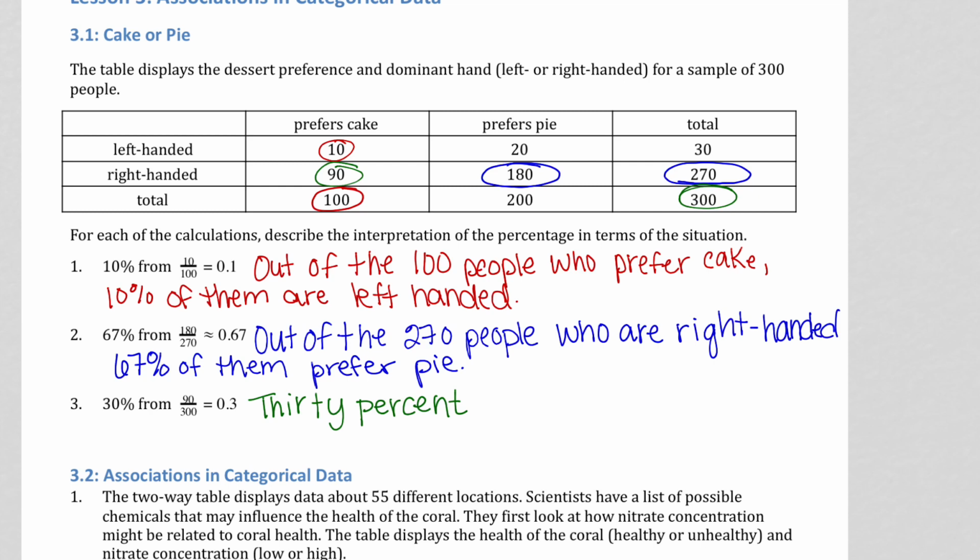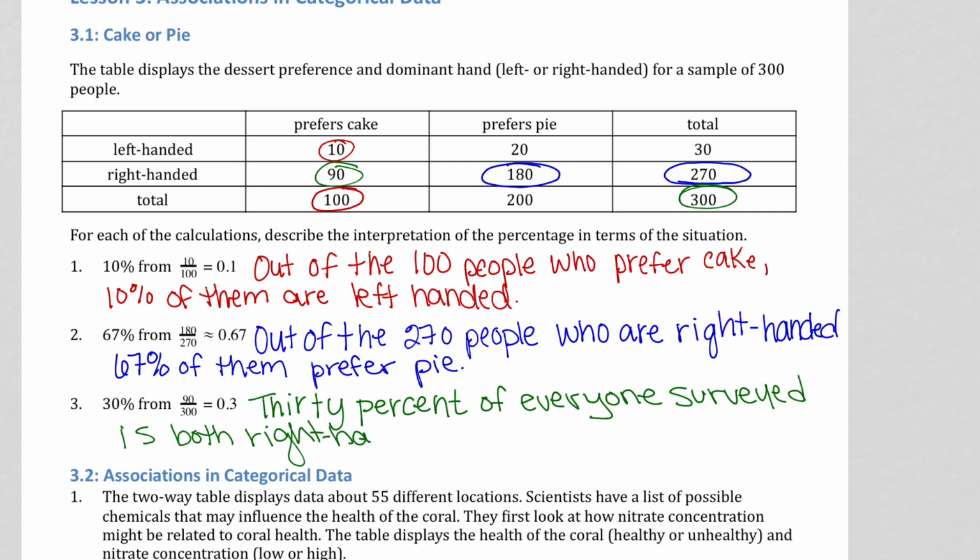So 30% of everyone surveyed is both right-handed and prefers cake.